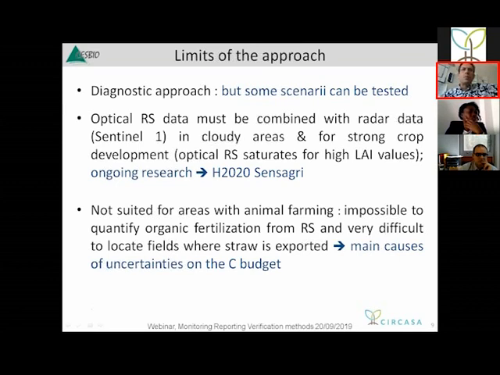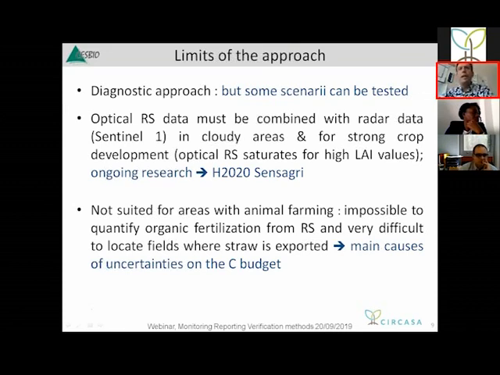So this is some work that we are doing within the frame of the European project that is called SenseAgri. And of course, this modeling approach is not well suited for areas with animal farming, because it is impossible with the satellite at the moment to quantify the amount of organic fertilization when it is applied, and difficult also to identify whether straw is exported or not for cereal plots.